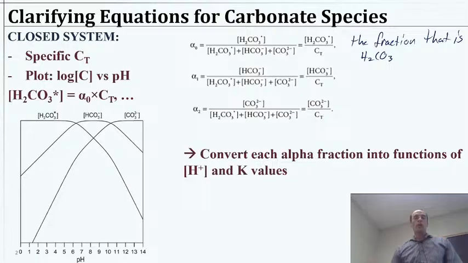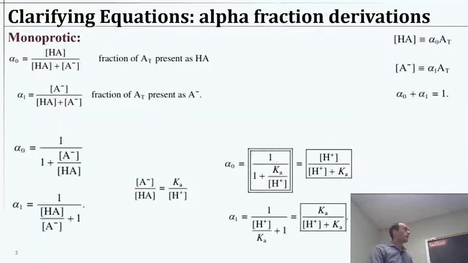So when we set up our equation, we want to get alpha in terms of x, or rather H+, and some constants. So if we stopped and looked at it right now, well, we don't know what each of these are, right? We have to figure them out. So that's why we're going to do the algebra to simplify these into H+ and K, like into a form of those. So we've done this, like I said, with the monoprotic.